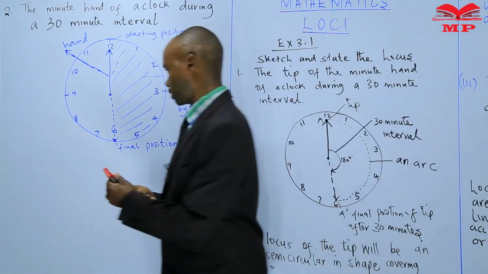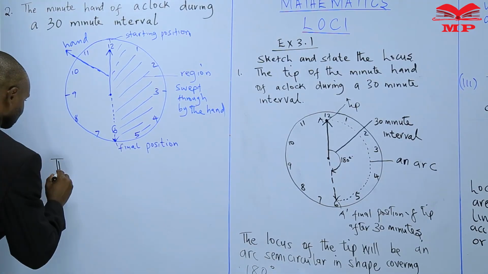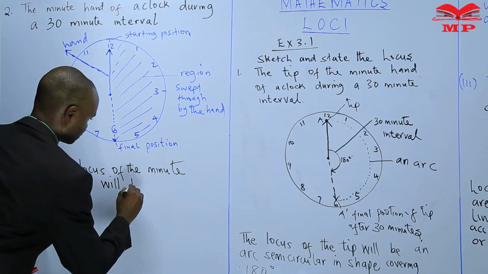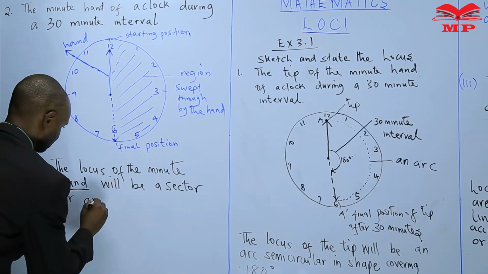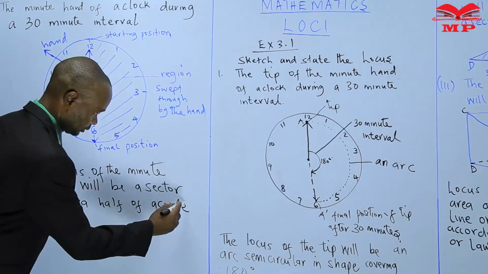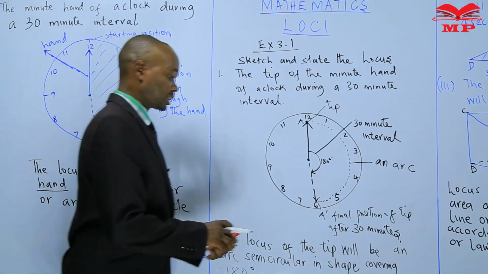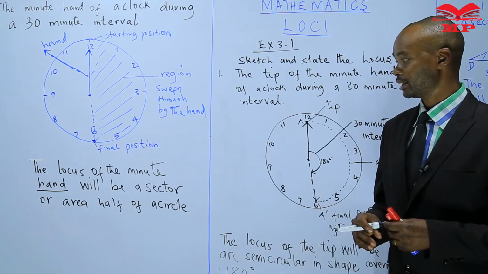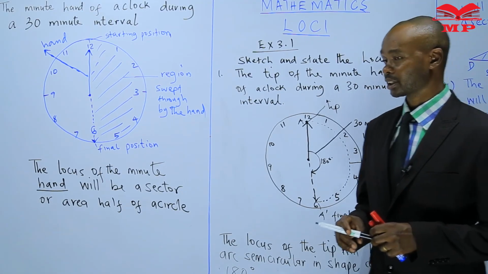So the locus of the minute hand will be a sector, or an area, half of a circle.